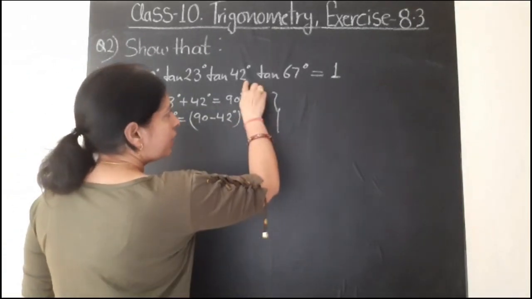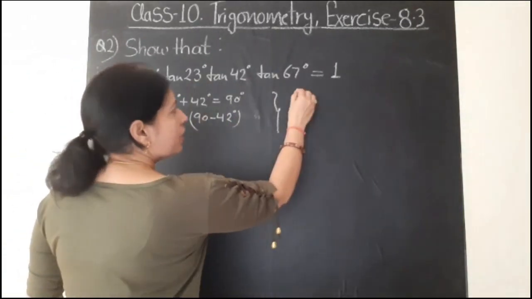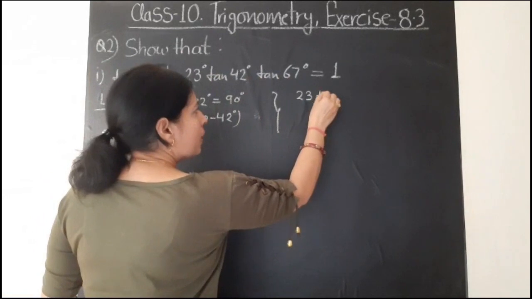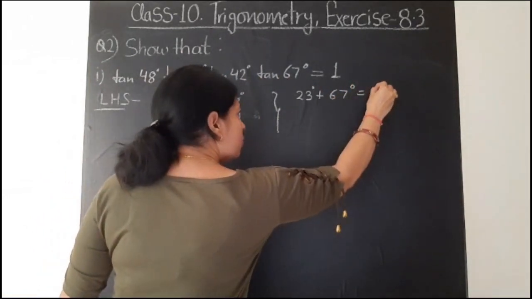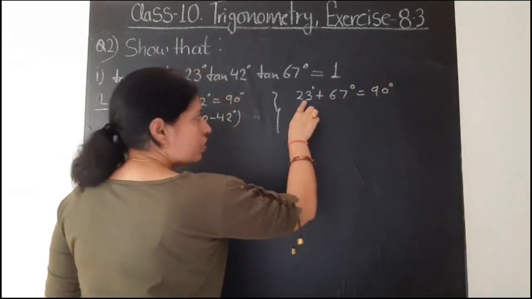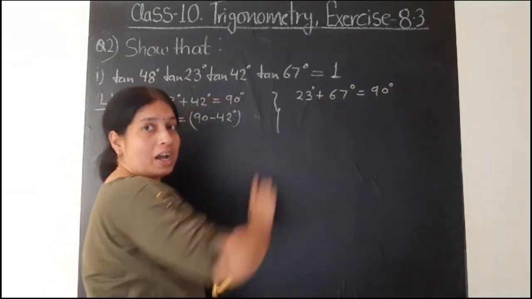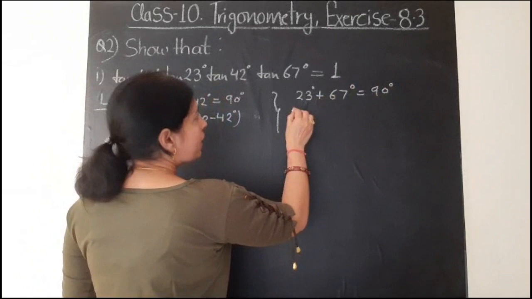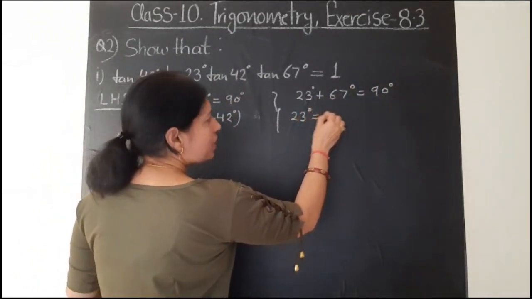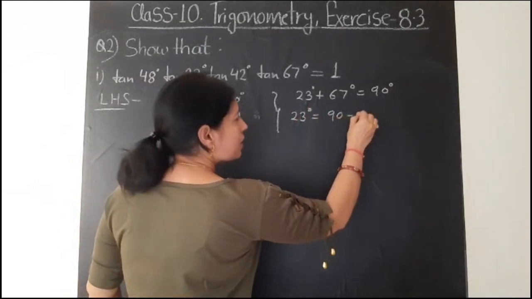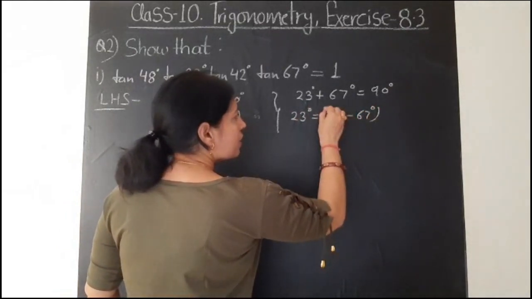And here 23 degree plus 67 degree is equal to 90 degree. So this angle and this angle are complementary angles. So in place of 23 we can write 90 minus 67 degree.